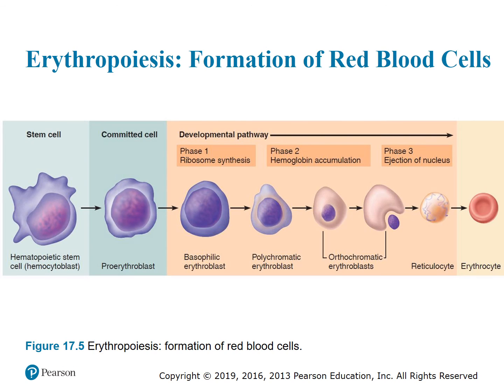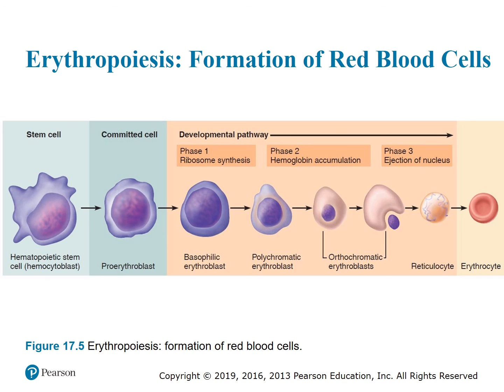Figure 17.5, erythropoiesis, formation of red blood cells. We have a stem cell, which is called a hematopoietic stem cell. Once it's a committed cell, it's a proerythroblast. Then in the developmental pathway, phase 1 is ribosome synthesis, and here we have a basophilic erythroblast.